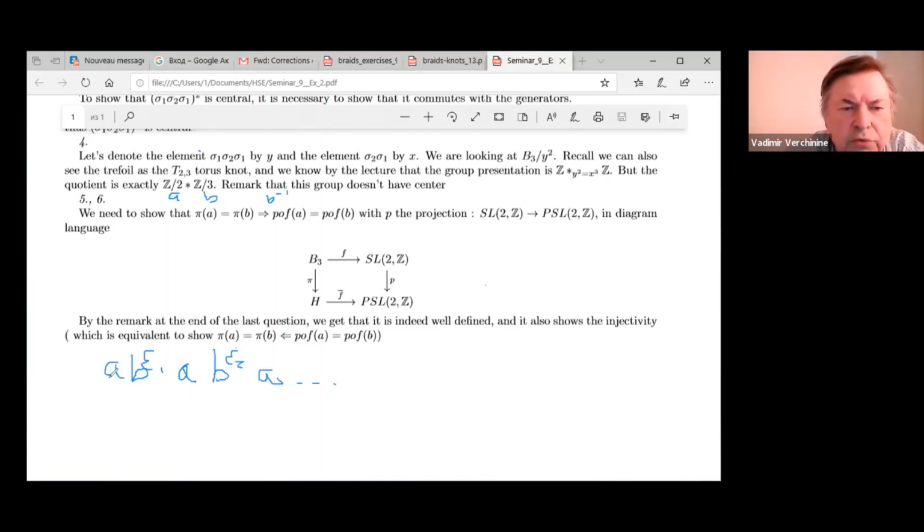So you should consider the canonical form, for example, for the solution of the word problem for this group.